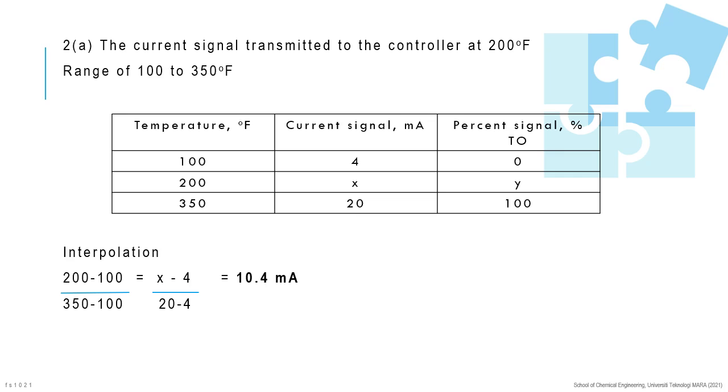After you do the interpolation, you will get the current signal transmitted to the controller at 200 degrees Fahrenheit equal to 10.4 milliampere. So try to solve for the percent signal in percent TO.